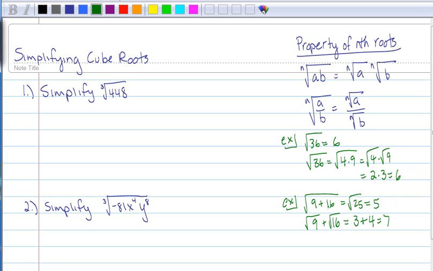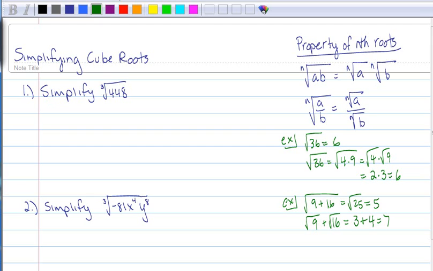And multiplication it does. Okay, so let's go ahead and use this property for the first one. The second thing to notice is they did ask to simplify. If they said to evaluate or to estimate, I would just put that in a calculator and get a decimal approximation of what the cube root of 448 is.